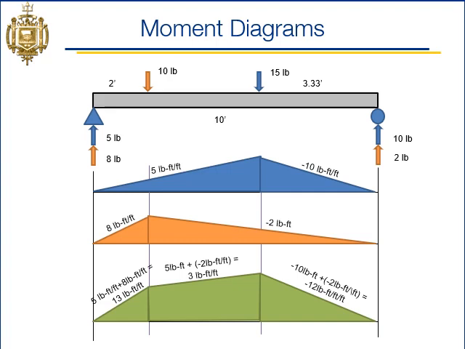So that would be a total change of 40 pound-feet of internal moment. So we were at 40 at the purple line. Over the course of our 3.33 feet, we lost 40, so that brings us right back down to 0. So there's a couple different methods to use superposition to draw your shear and moment diagrams.